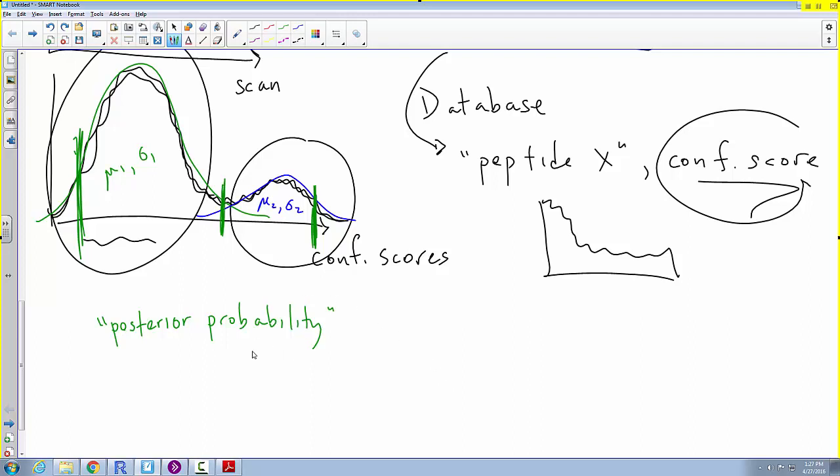So this happens before we have our m by n matrix of numbers, because this is going to be what we use to filter out, among the thousands and thousands of features that we found, only those that we think are real peptides.